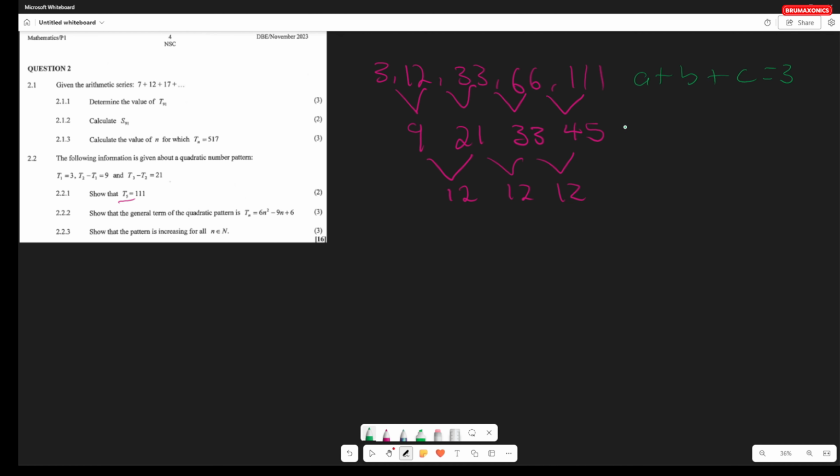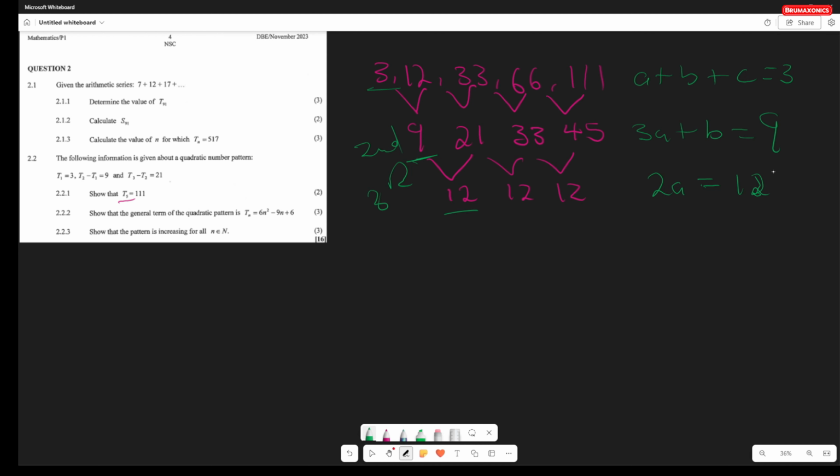And then the second difference will be 3a plus b, which is equal to 9 as the second difference. And then the third will be 2a, which is equal to 12, right?